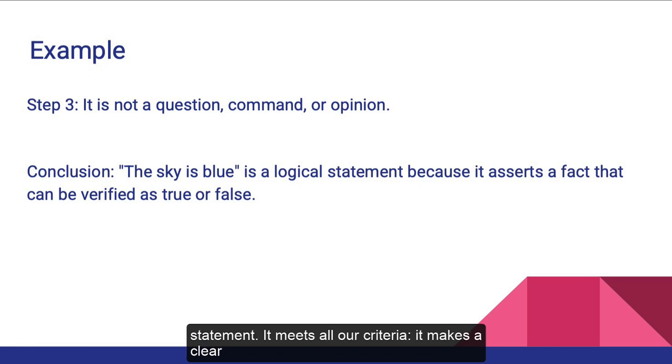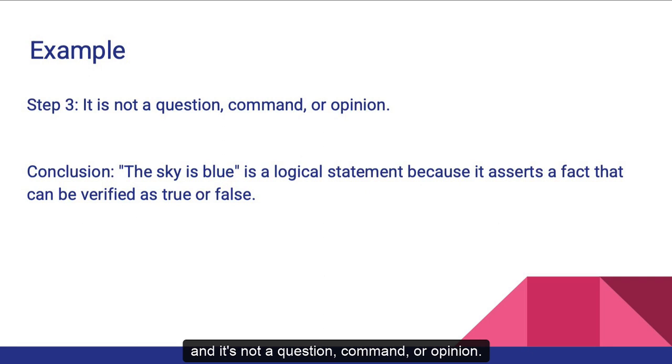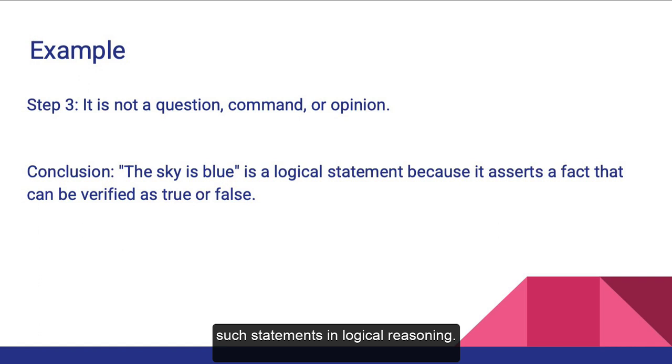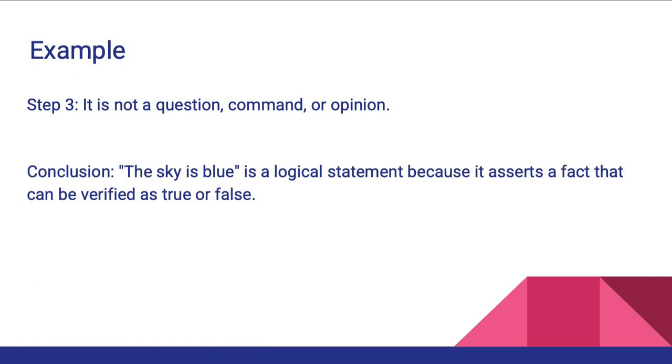It meets all our criteria. It makes a clear assertion. That assertion can be verified as either true or false, and it's not a question, command, or opinion. This sentence serves as an excellent example of what a logical statement looks like and underscores the importance of being able to identify such statements in logical reasoning.